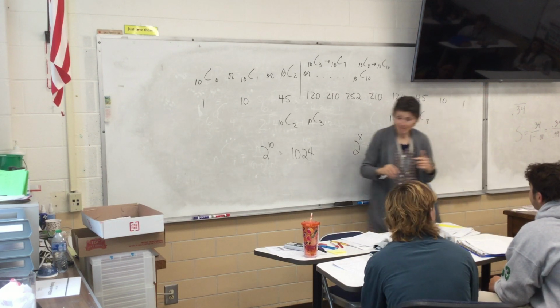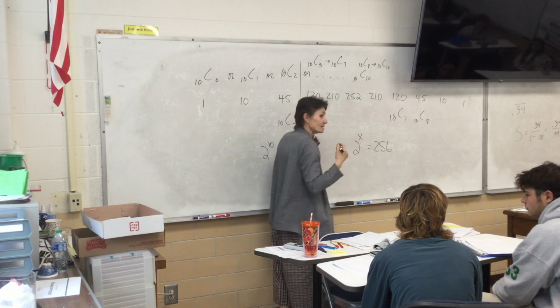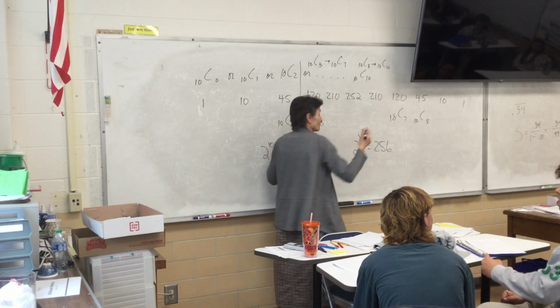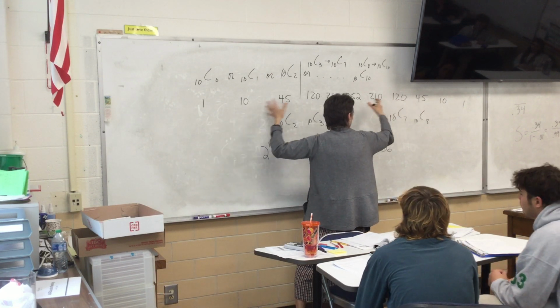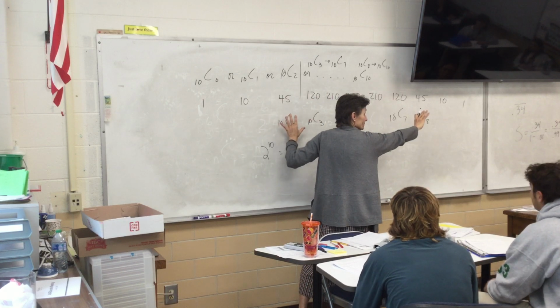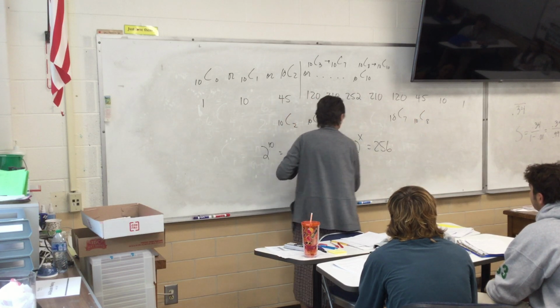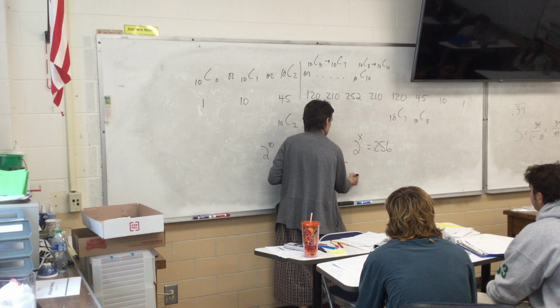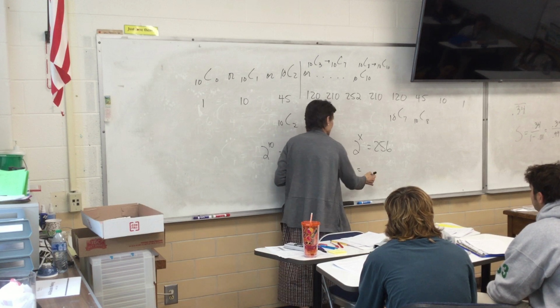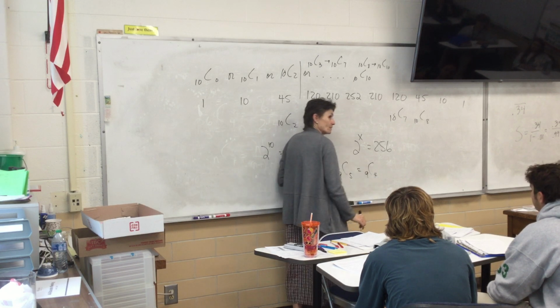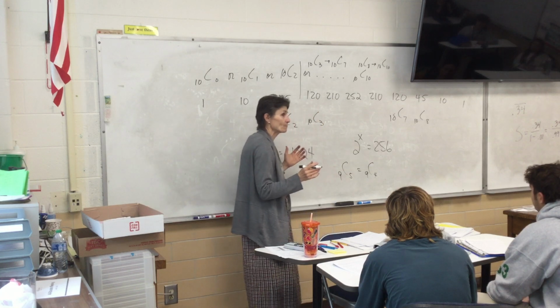The combination numbers are symmetric. So I know automatically that 9C5 is going to be exactly the same as 9C4 every time. Those are going to match.